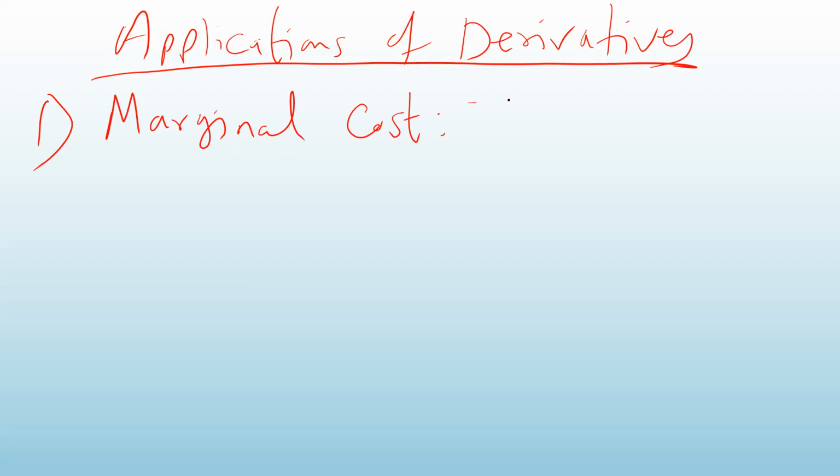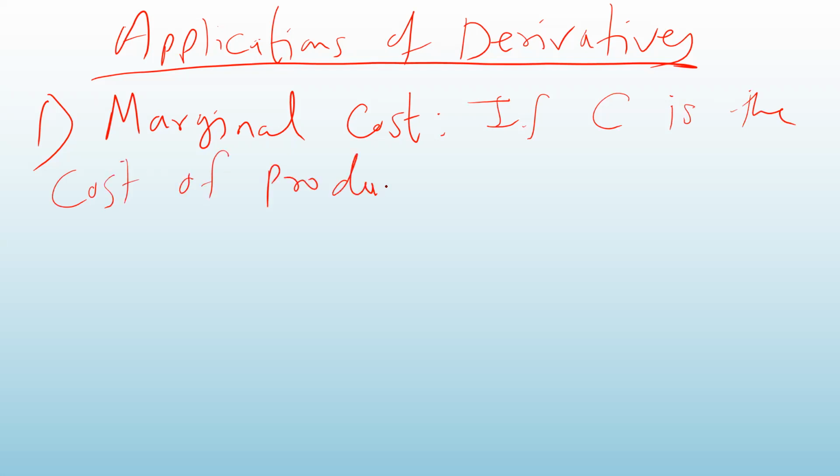So if C is the cost of producing X units of a product, then you know that C is called as a total cost, right?